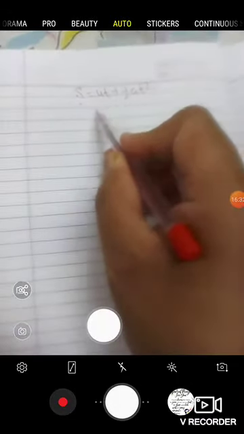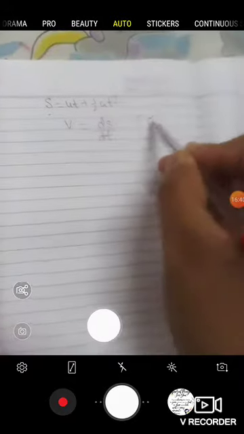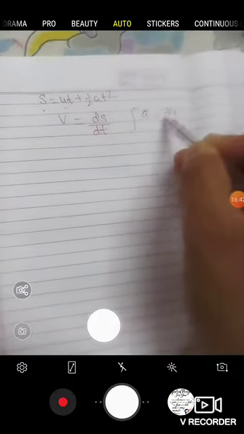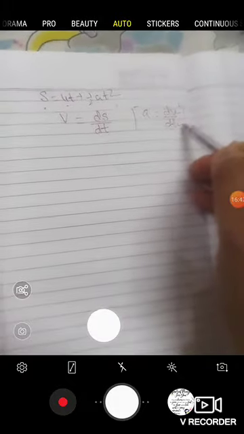Now to solve this, we know that velocity can be written as ds by dt. Like for acceleration we write a is equal to dv by dt. I told you last time, acceleration is the rate of change of velocity.